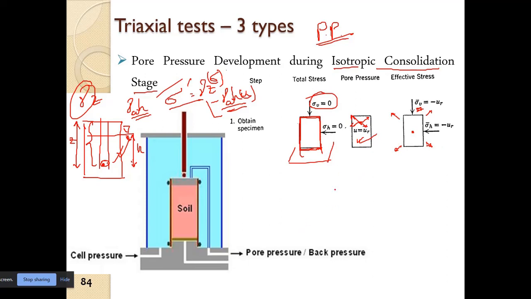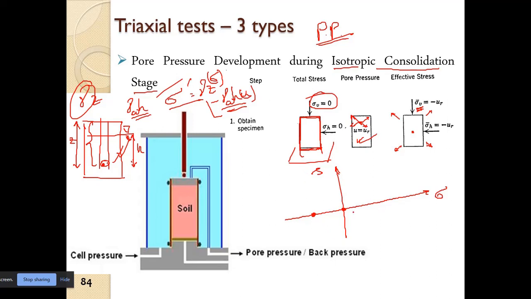So how to plot that? Suppose I plot it with this as sigma and this as tau. If I plot this effective stress here, minus ur, it will be somewhere here. And what about the total stress? It is 0, so it is somewhere here.